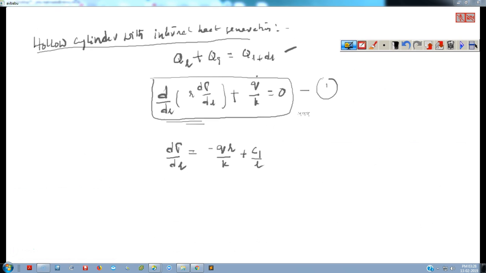I'll write this as r dt by dr plus q dot by k r is equal to c1.